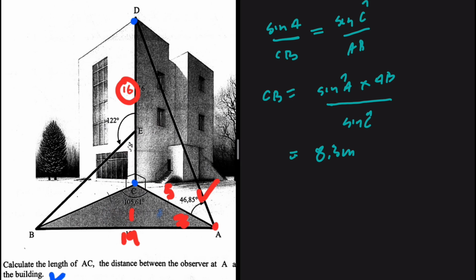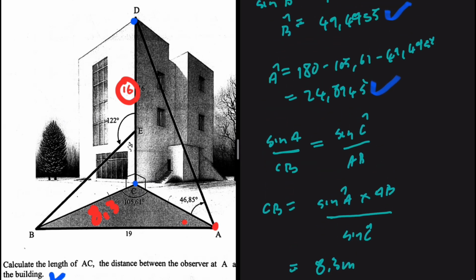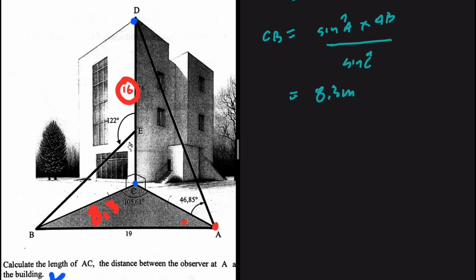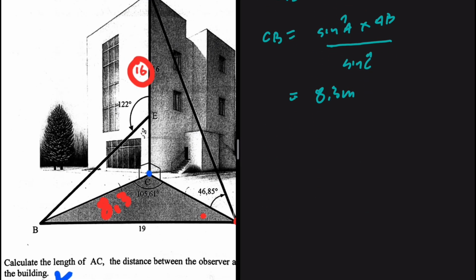Let me just erase some of these things. So CB is 8.3. So I can use trig ratios here. Which trig ratio though? I'd need the size of angle B, but not yet, I don't have the size of angle B as of yet. But obviously, I can also use this angle, 58 degrees.